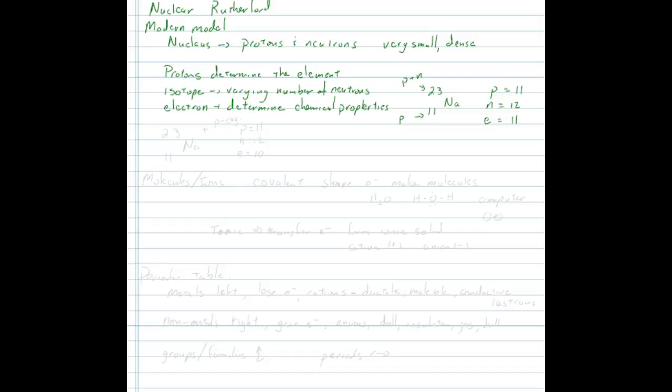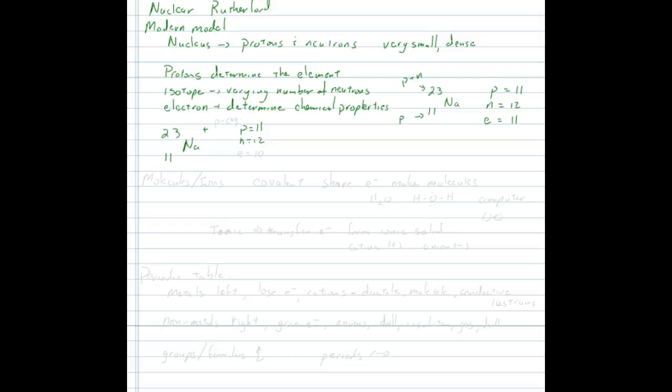If it was a charged ion, sodium is +1, again you'd have 11 protons, because it's still sodium and the number of protons makes the element. You'd have 12 neutrons.